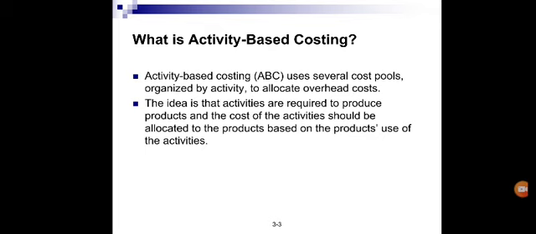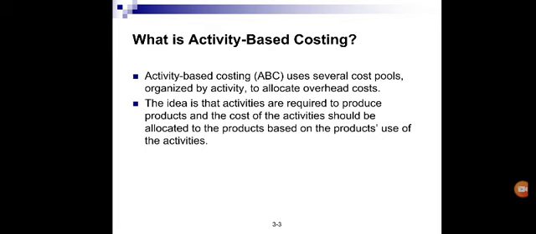So when you use traditional costing system, you use only one allocation base. Most of the time it is either labor hour or machine hour. In the previous scenario, the business uses direct labor cost. Okay, the traditional system uses only one allocation base.